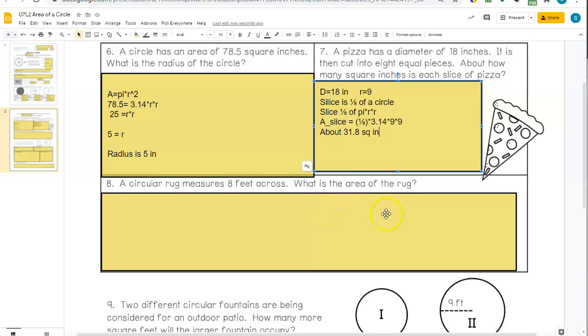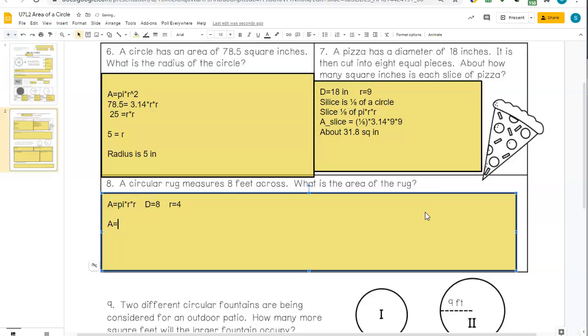Alright, let's look at this one. A circular rug measures 8 feet across. What is the area of the rug? So we know A equals pi times r squared, or r times r. But we also know the diameter equals 8. Well, that implies that my radius, which is always half my diameter, is 4.